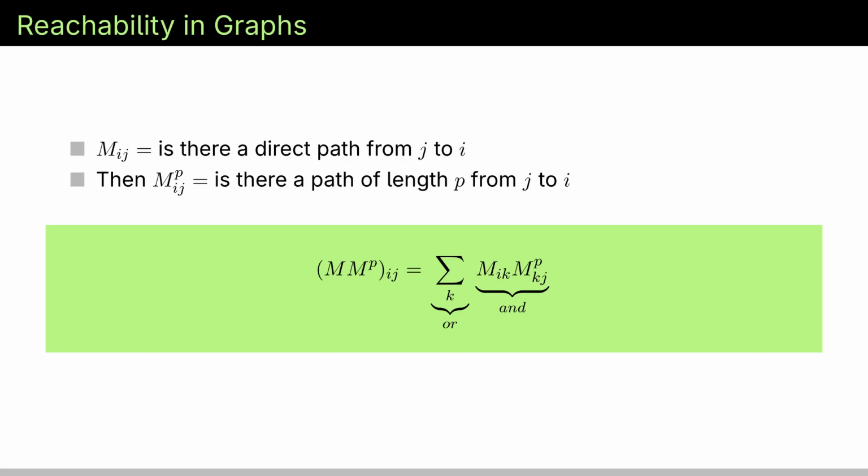So again, just like before, we can prove by induction that M to the p sub ij tells us whether there's a path of length p from j to i.